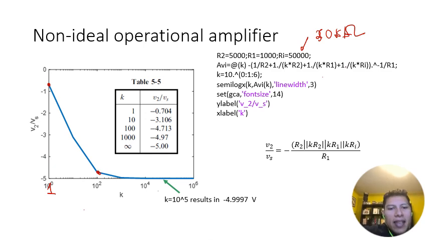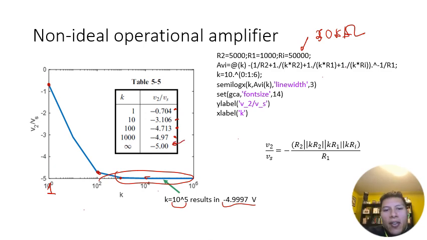If K is 100, we're getting closer to 5, and by the time you're at 1,000 or 10,000, it's basically behaving ideally. Each time we add a digit to K, we get an extra digit of accuracy. If K is 10 to the 5, our gain is actually 4.9997. So the bigger the K, the closer we get to our idealized behavior.